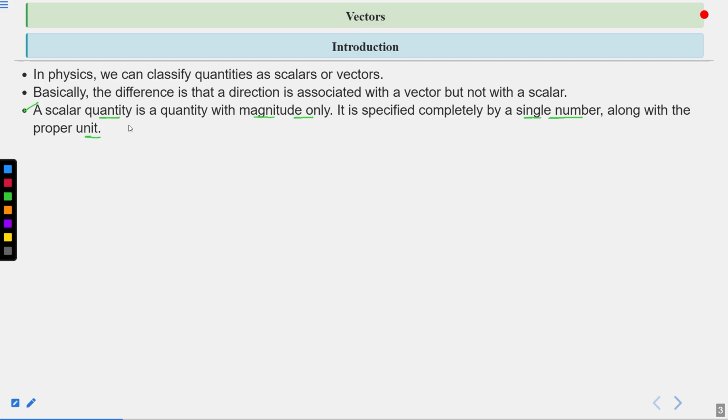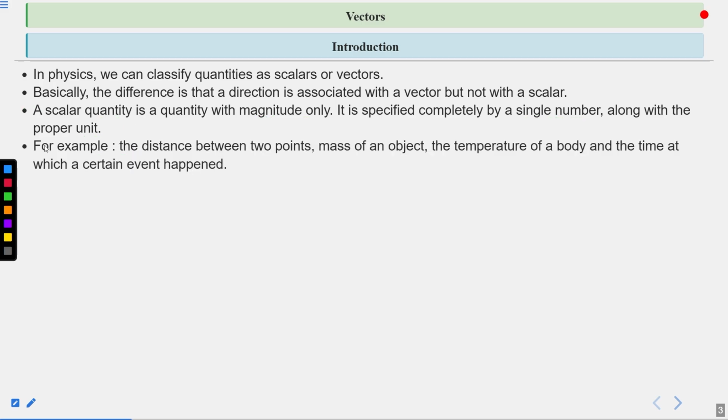So the mass of the body is, suppose, 10 kg. Here kg is the unit, and the magnitude is 10. For example, the distance between two points, suppose point A and point B. The distance between these two points is a scalar quantity, because there is only magnitude.